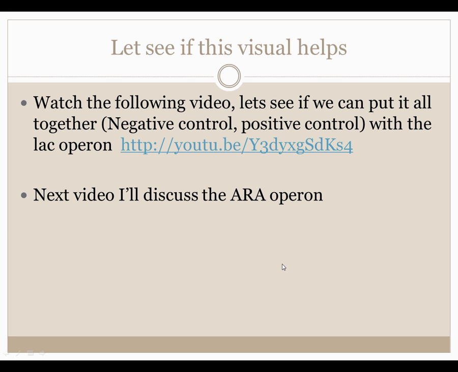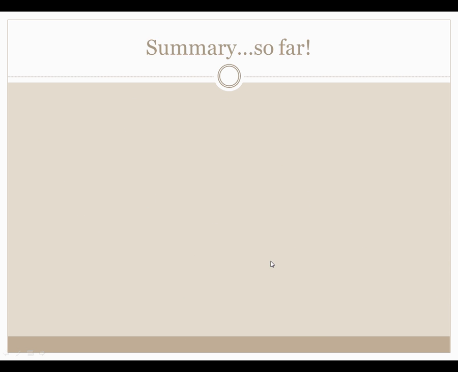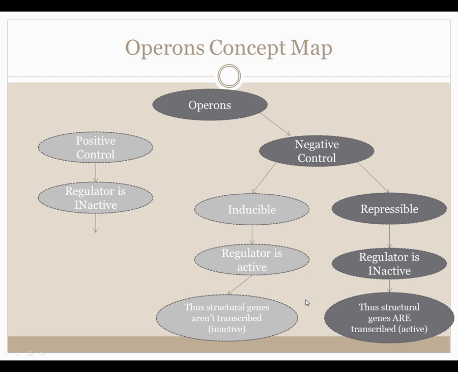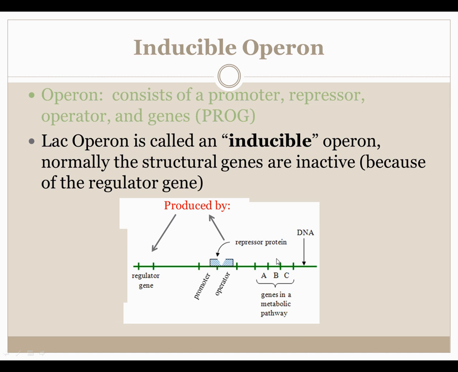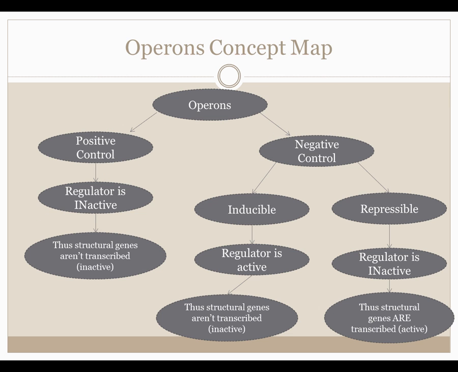It's heavy duty. You might need to watch it again. Definitely if you're interested in doing some kind of genetics type stuff, having a basic concept of operons. And what I mean by that is if you could really put together this concept map and make sense of this concept map by looking at visuals and think of a visual and know when is it positive control, when is it negative control, what is inducible, what does repressible mean.